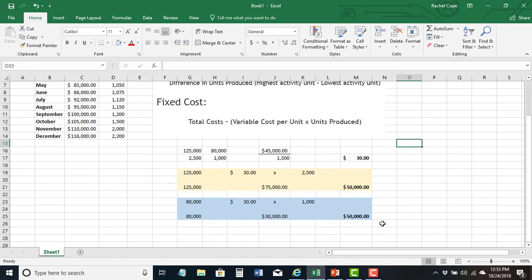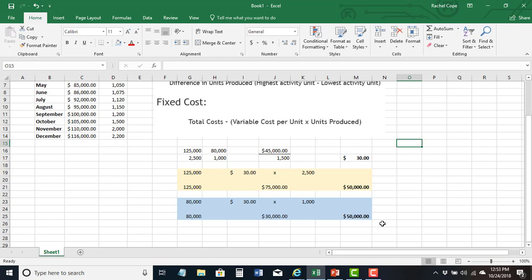But this is just a method. It's kind of like an average where it's looking, again, at the most extremes, the highest and the lowest. And it's coming up with just a quick methodology for giving you the number for variable costs and your fixed costs. So it's not a science, but it does give you a quick number of what your total and your variable and your fixed costs are.